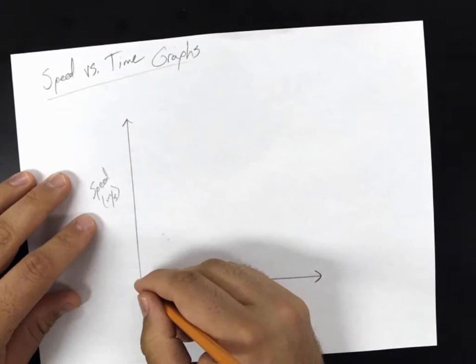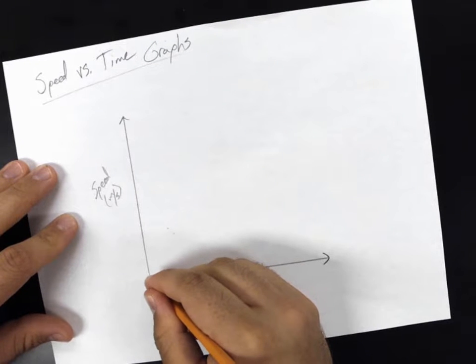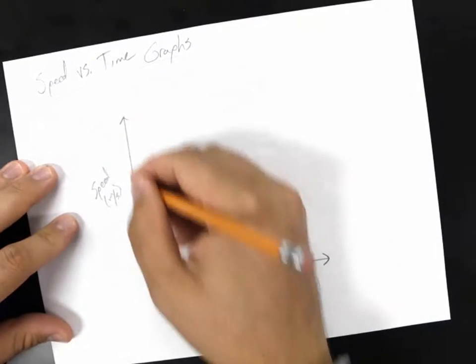So what just happened there was we started off at rest. On a speed time graph, we represent that by a speed of 0. Remember, this axis is increasing speed.